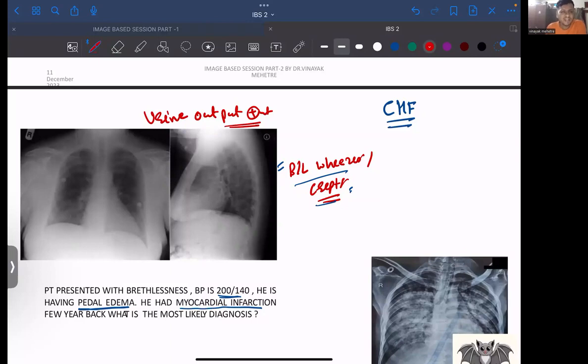We will give Lasix, that is called furosemide, a loop diuretic. The reason is we have to decrease the fluid overload, so we have to make sure the patient urinates again and again. As soon as you give Lasix, the patient's fluid overload will decrease, right? And the wheezes and crepts will slowly decrease, and the difficulty in breathing will also decrease. So we will give diuretics, not labetalol. Make it clear.